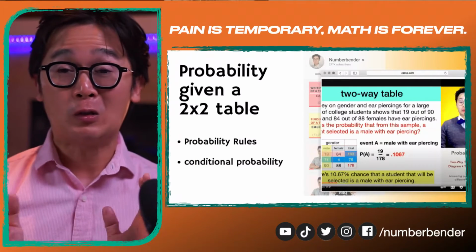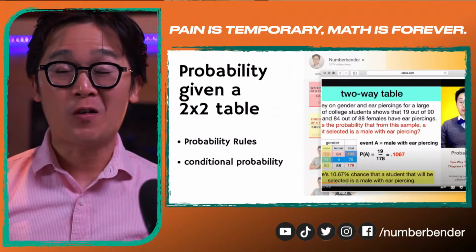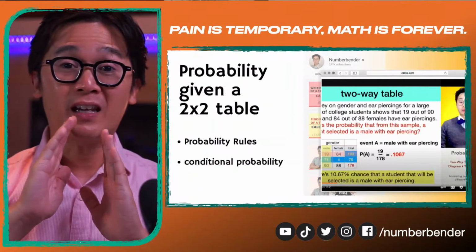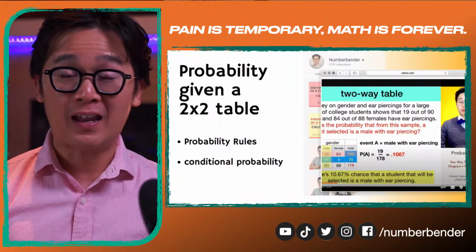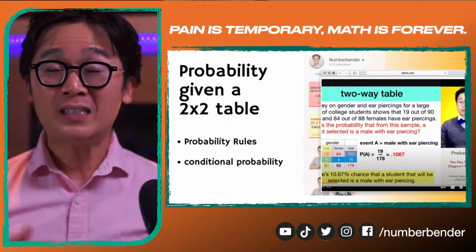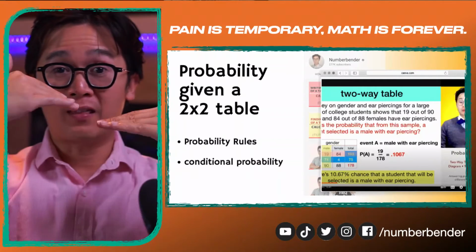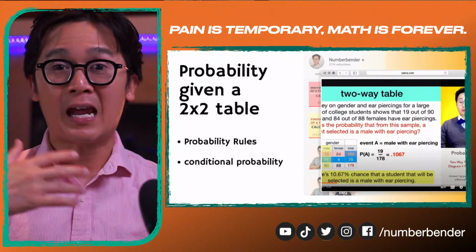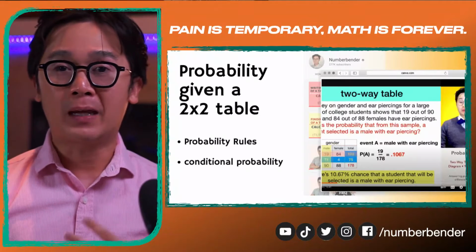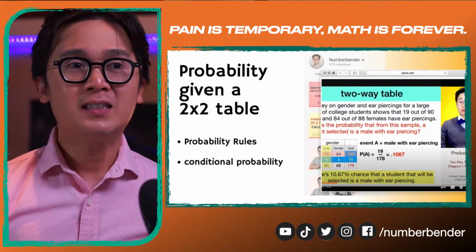My usual go-to experiment is to ask whether they're using an Android or an iPhone and then divide it by gender, male or female. And now I'll have a two-way table divided into Android versus iPhone and male and female students. From that two-way table, I'll be able to generate several questions involving probability similar to the example that I'm going to share with you today.